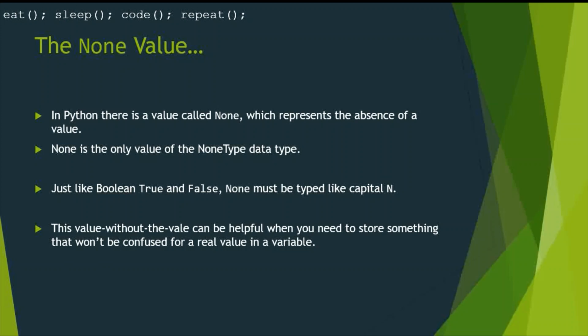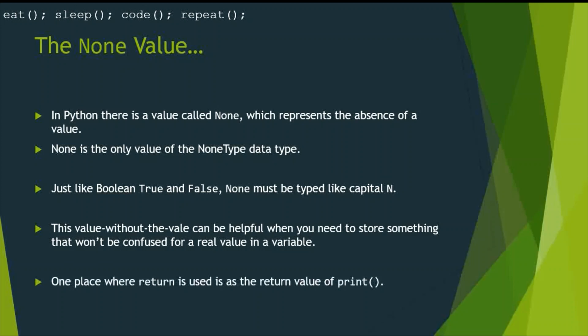If I don't want to assign something to that variable, I assign it None, so that the reader does not get confused about what this particular variable is assigned to. It is assigned to None.